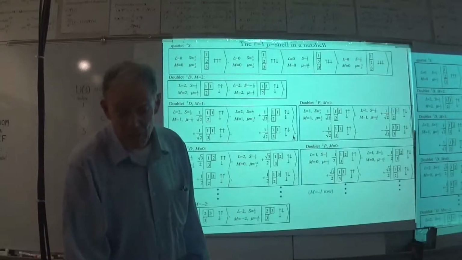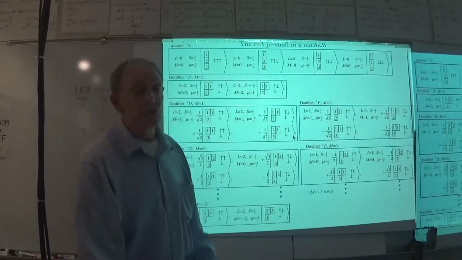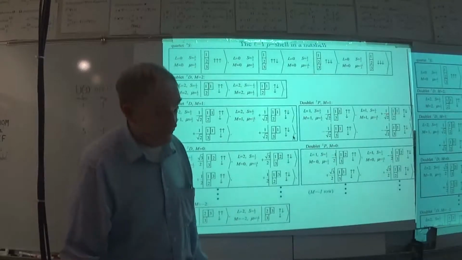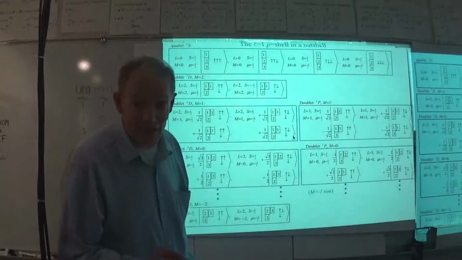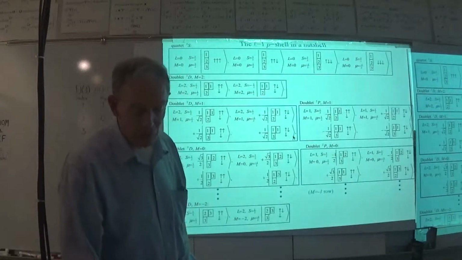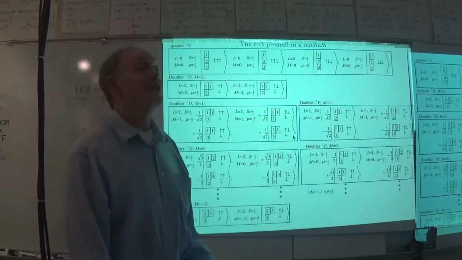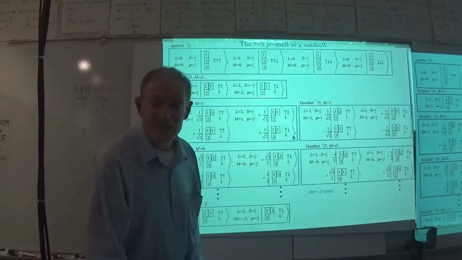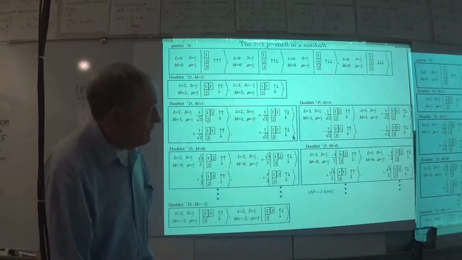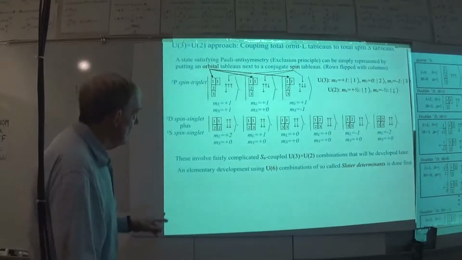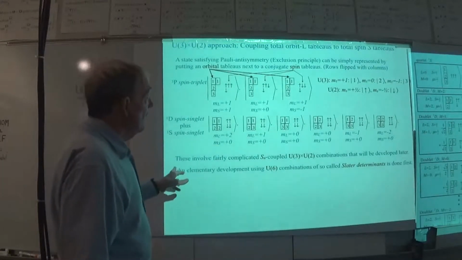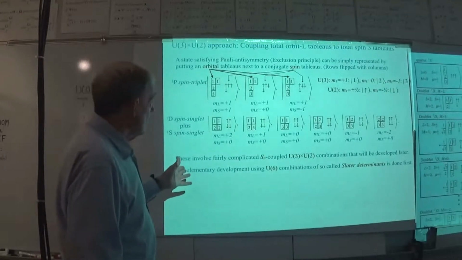And before it became problematic even for calculations, because the use of coefficients of fractional parentage is a real hair puller if you have to do it by hand. Obviously computers have taken over, and so people don't even think about these atoms anymore. But we should. Okay, so what I want to do here is try another way of looking at this.